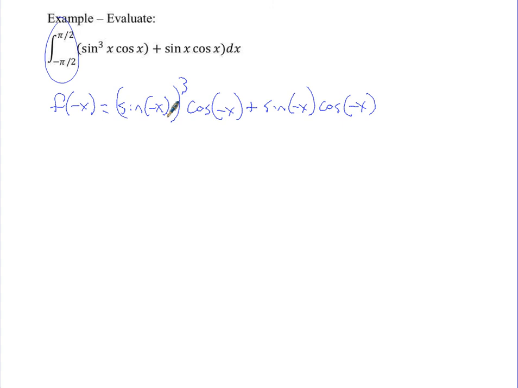So like for example, take a look at 30 degrees, pi over 6. The sine there would be what? 1/2. And the sine, if I reflect across, would be also 1/2. So is sine even or odd?